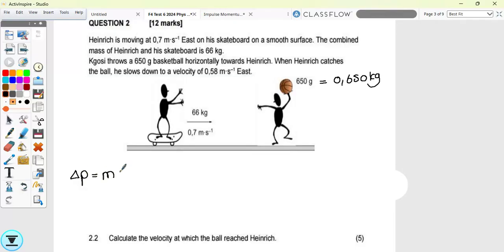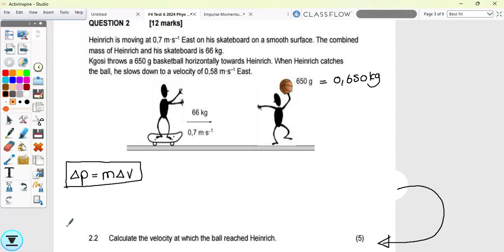Also, the question just asked you for the conservation of momentum. And normally, 99% of the time, if there's a law, you're going to use that law in the next question. Please start getting used to that because they do it in tests as well. So they've just asked you for the conservation of momentum. Is this conservation of momentum or is this impulse?